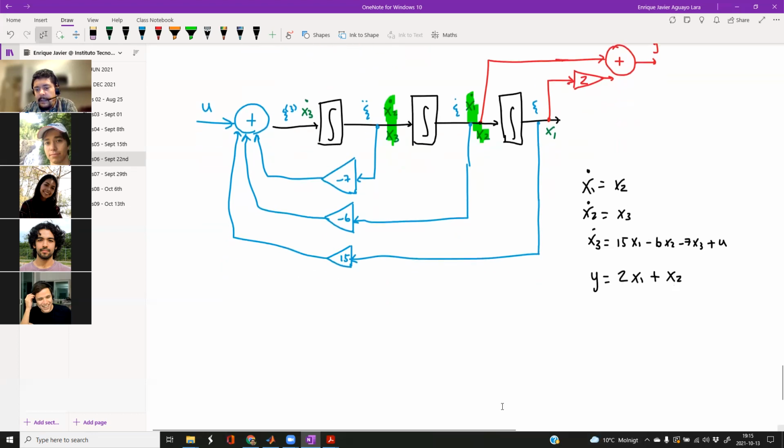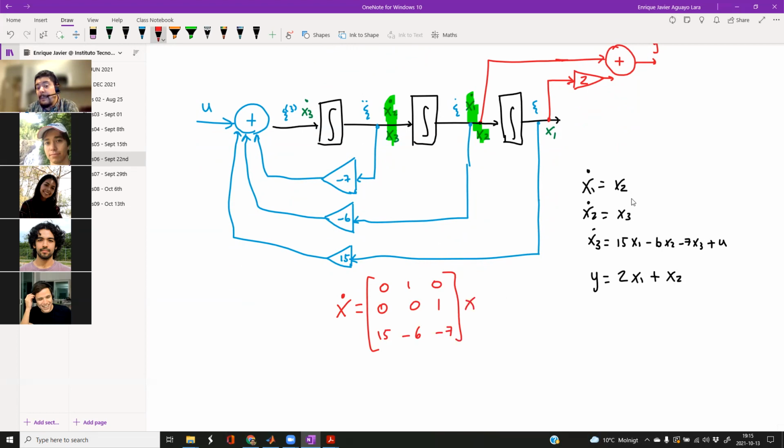And clearly, this representation comes to be that the derivative of the state variables are equal to [0, 1, 0], [0, 0, 1], and [15, -6, -7] times x.